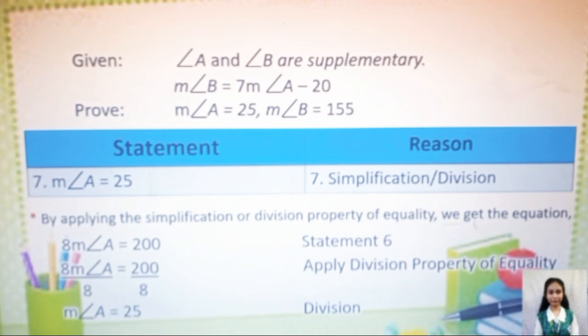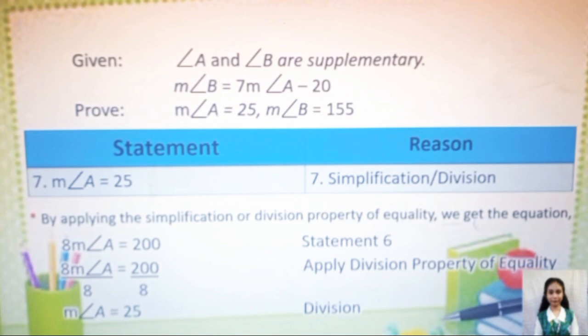So that will give you measure of angle A, as the 8s cancel out. Measure of angle A will remain, equal to 200 divided by 8, which will give you 25.